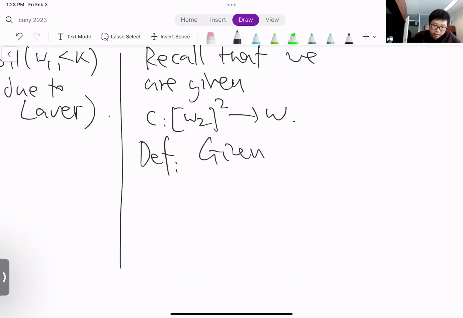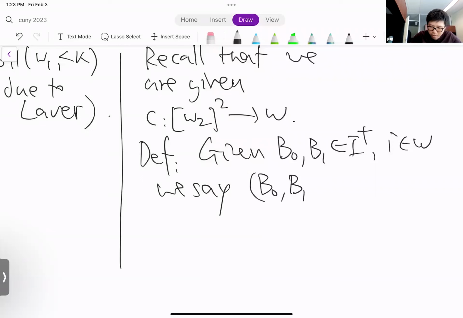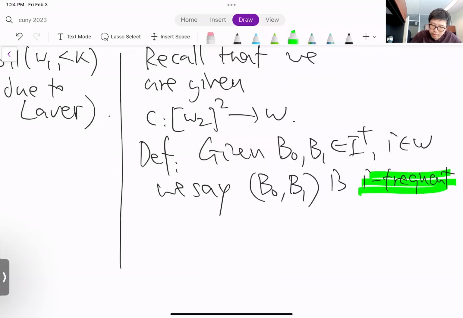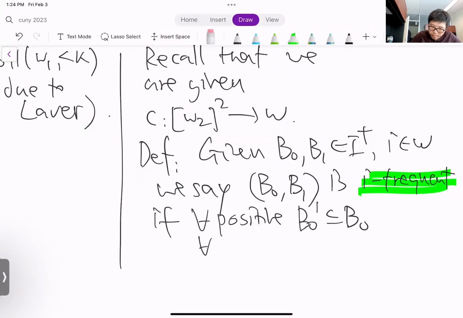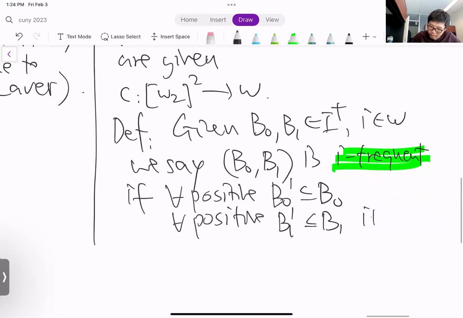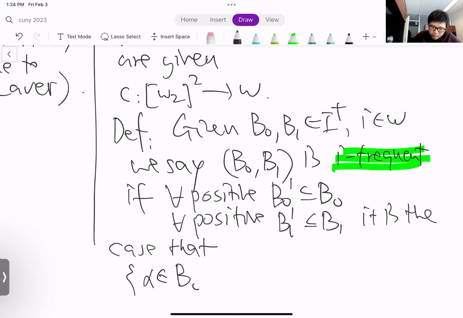So given two positive sets, B0, B1, and a color I, we say B0, B1 is I frequent if, for any further positive B0 prime in B0 and any further positive B1 prime in B1, it is the case that the set of edges that get color I is positive in the Fubini product of these ideals.